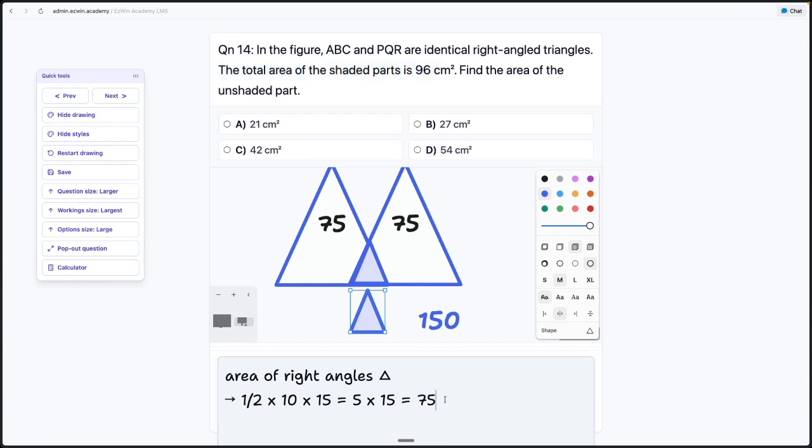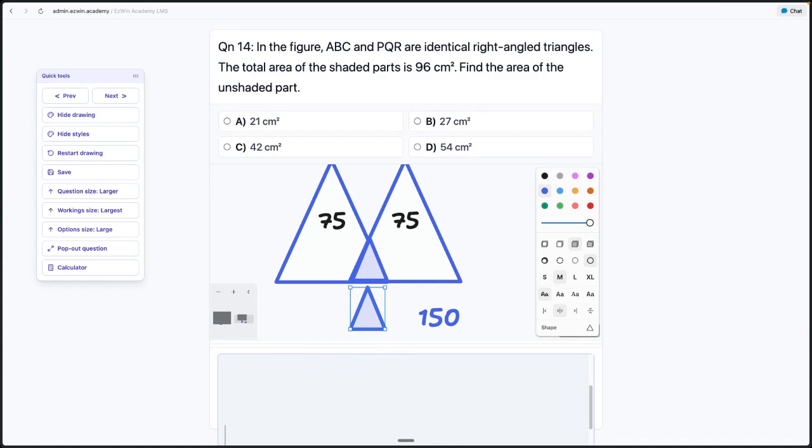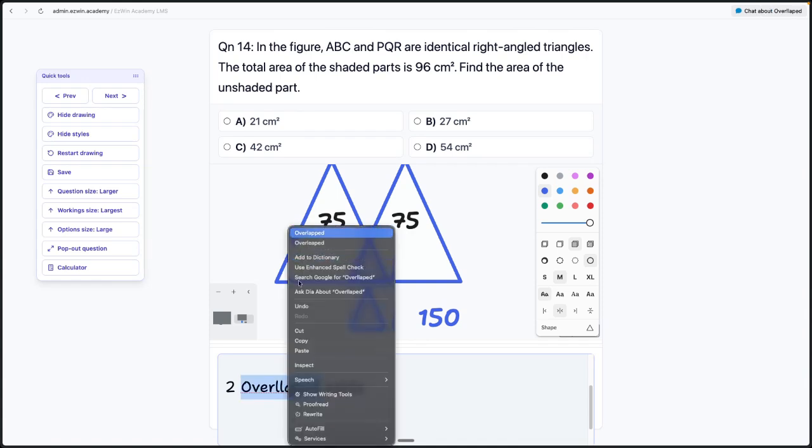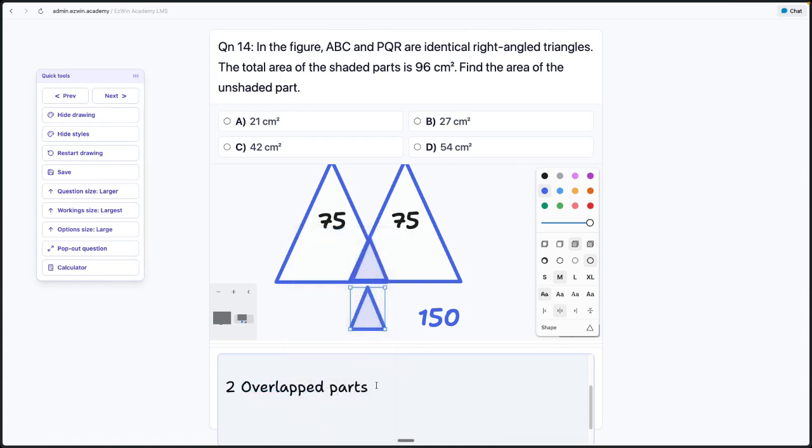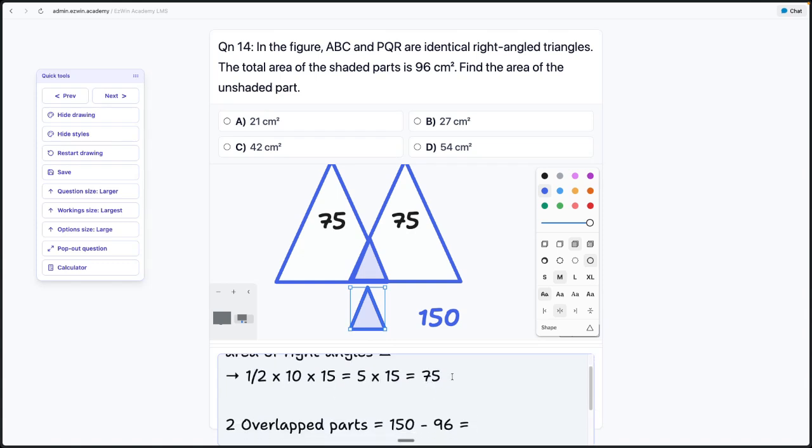So what we need to do in this case is put here 150. The two overlap parts is equal to 150 minus 96. The 150 comes from 75 times 2.